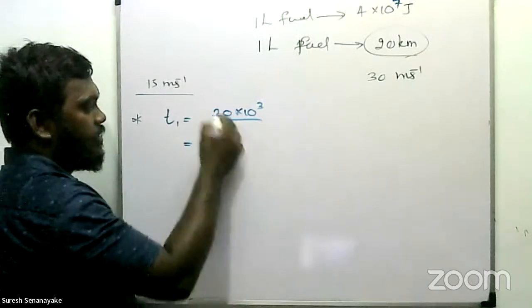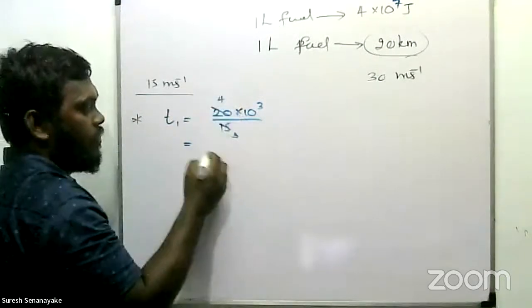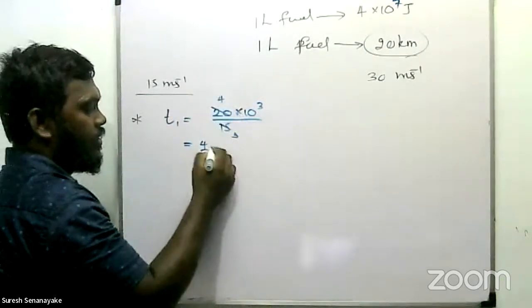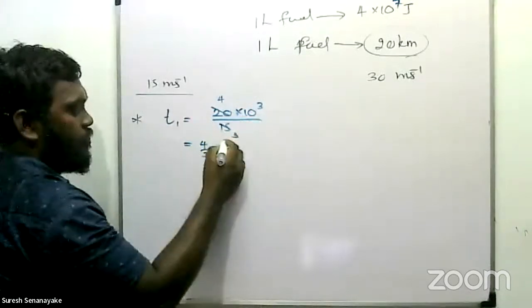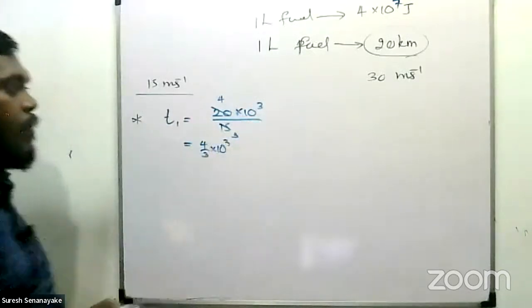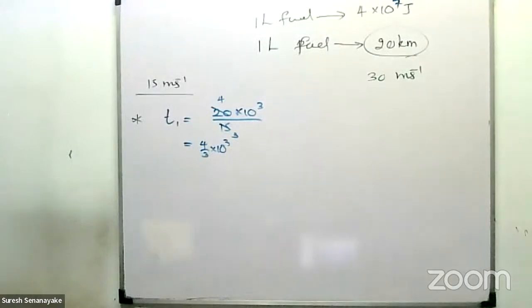This is 3 and this is 4. 4 over 3. Yeah, it's a large value, no?